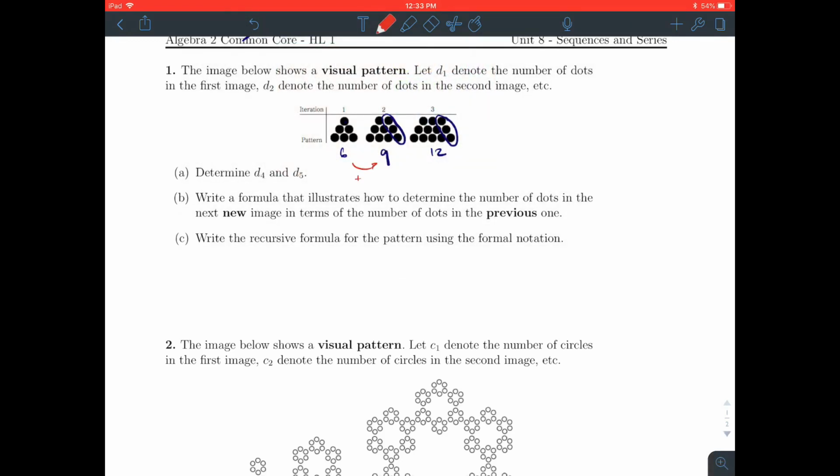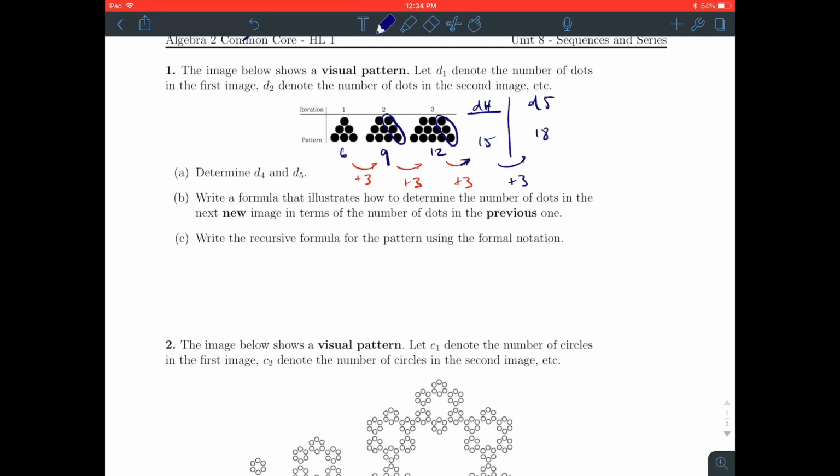So it looks like we have a pattern here where we have a constant rate of change of plus 3 from one to the next. So for D4, it will be 12 plus 3 is 15, and D5 will be plus 3 again, 18.